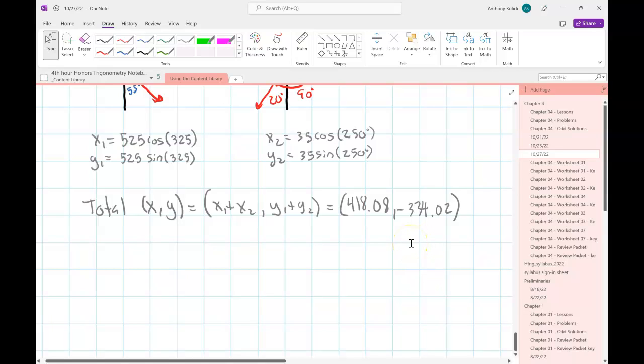Does that feel okay to everybody? Okay, so that's the total position. How do I find the total speed?